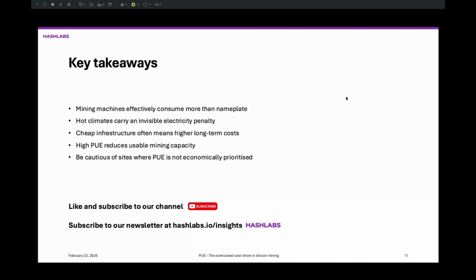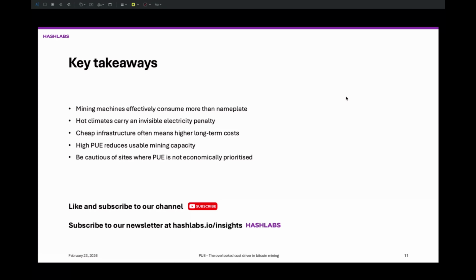No, because power is very scarce. You really want to squeeze out as much as you can from that power. So don't make these mistakes. Get the power usage effectiveness optimized so that you can use more of that scarce power that you have on the site.